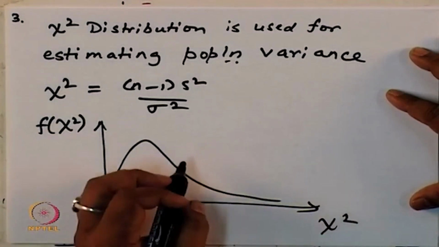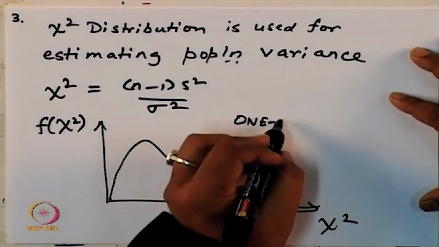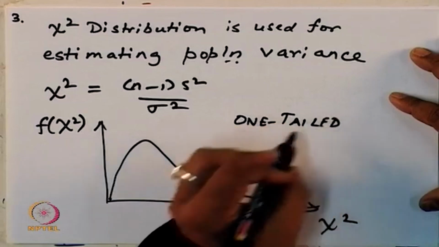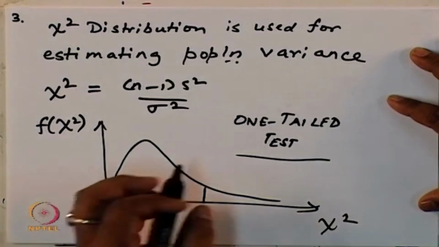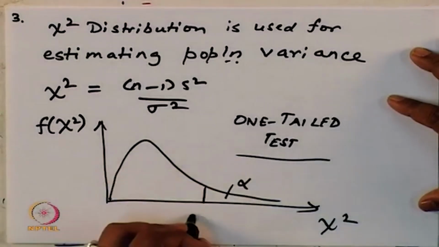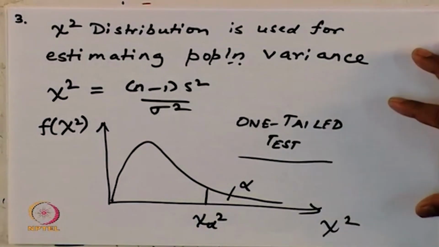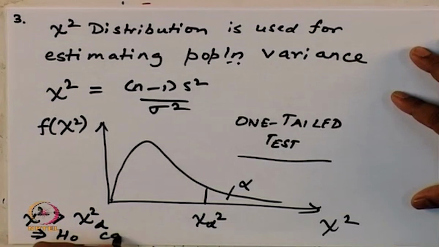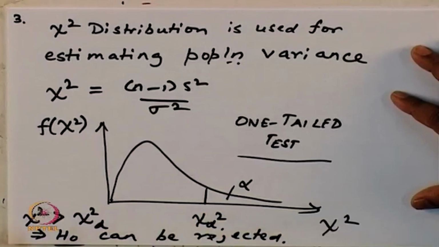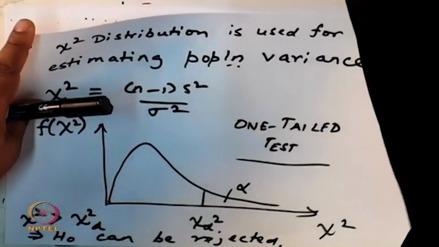For a one tail test, for a given value of alpha you calculate chi-square alpha. If your chi-square value is greater than chi-square alpha, your hypothesis can be rejected. You can also use the chi-square distribution for a two-tailed test.